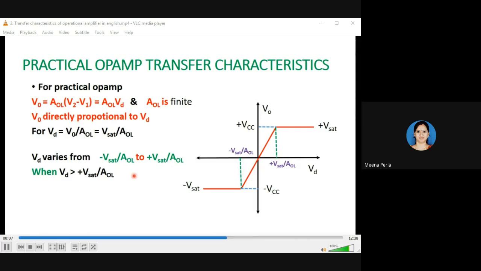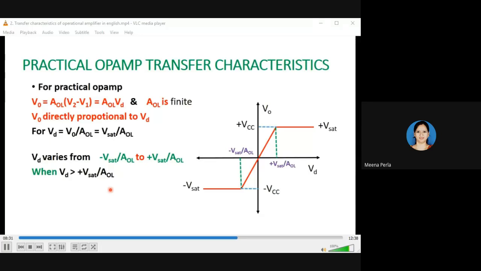Again, we are going to take some cases. What happens if we increase the Vd value beyond plus V saturation upon AOL? As I have told you, the maximum value of the output voltage can be plus VCC or minus VCC only.